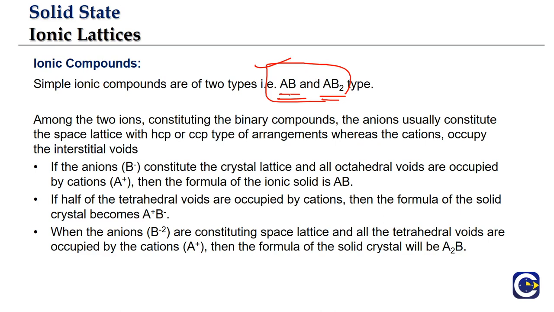Why we will have most of the ionic compounds in these two particular formula types is because AB type of an ionic compound can be formed by a monovalent cation and monovalent anion, or a divalent cation and divalent anion. AB2 will be formed by a monovalent cation and divalent anion, or a divalent cation and monovalent anion.